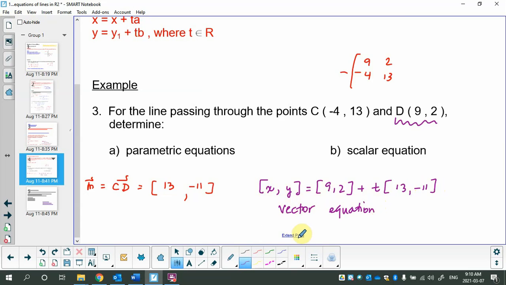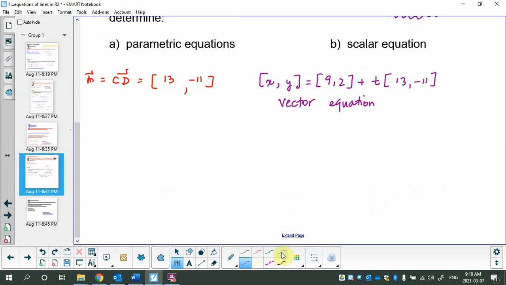However, when you get to do parametric equations, it is actually plural. I said that in the last slide, but I want to show you how that happens. We can take this one equation, if your brain works the same as mine, and I see it as tearing it apart. So x is equal to the x from the first bracket plus the x from the second bracket with the t.